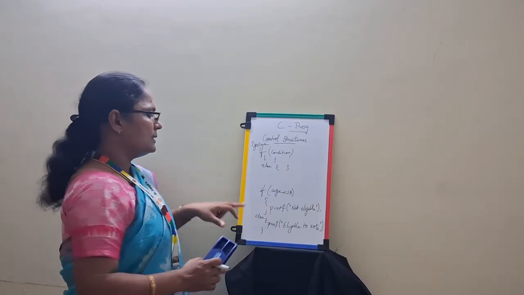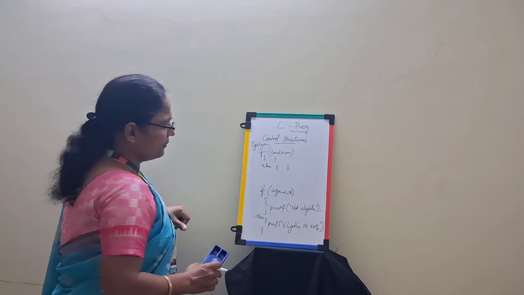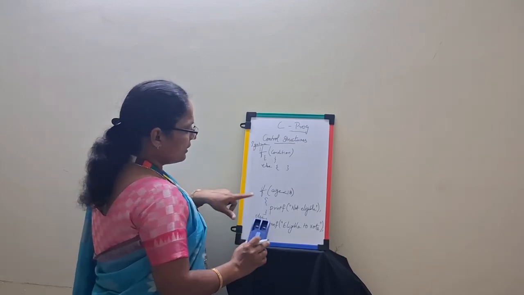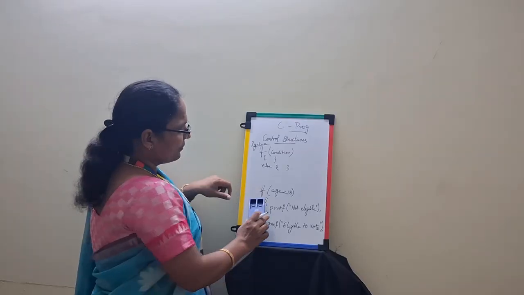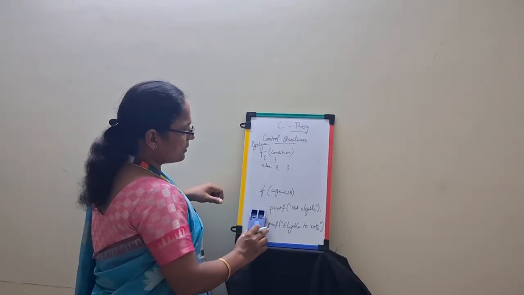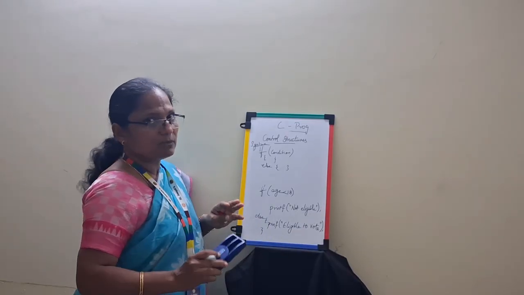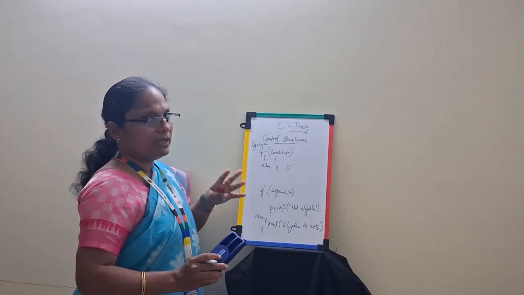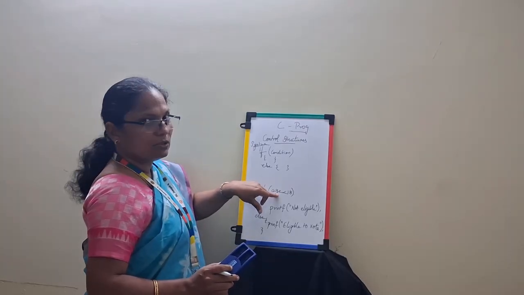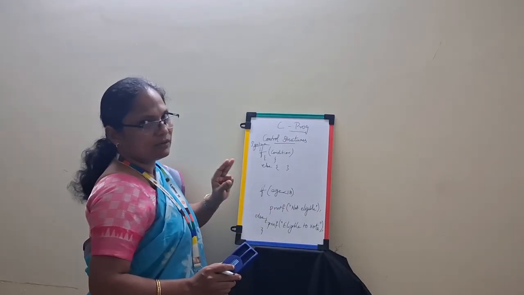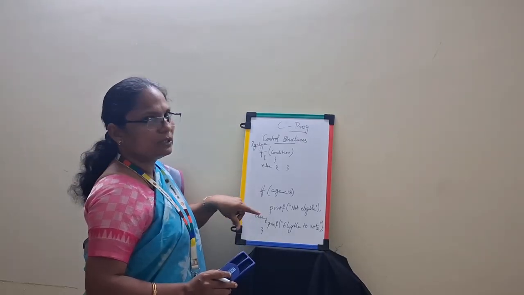Now this can be written another way also. If I have only one statement in a particular control structure, then we need not have the curly braces. In the structure of a C program, curly braces are a must for main. But here it is an if condition with only one statement, so there is no requirement of curly braces.